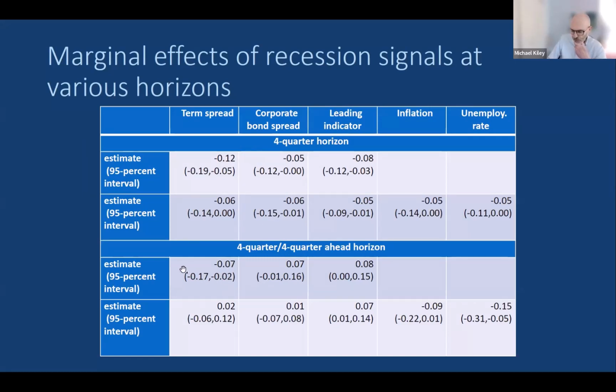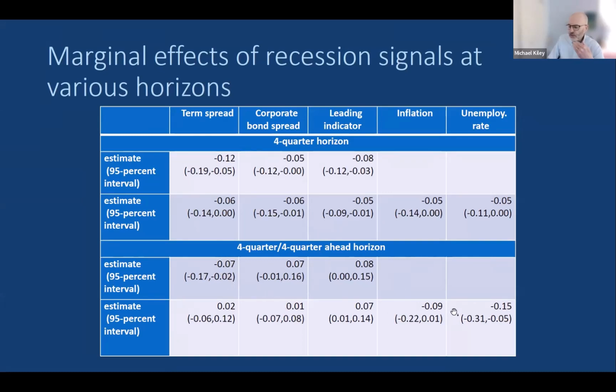If one looks at the 4-quarter ahead horizon, what one sees is that, again, the term spread is less useful, right? So a 2 standard deviation change only increases the probability of a recession by 2 times 0.07, or by 14 percentage points, not by 24 percentage points.